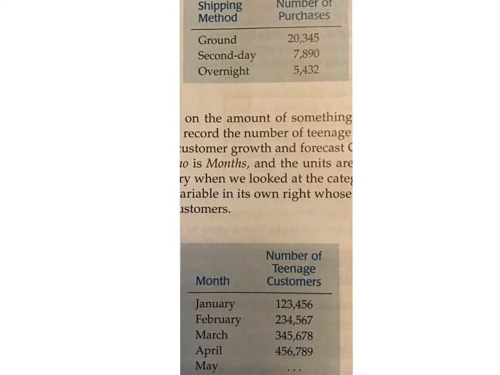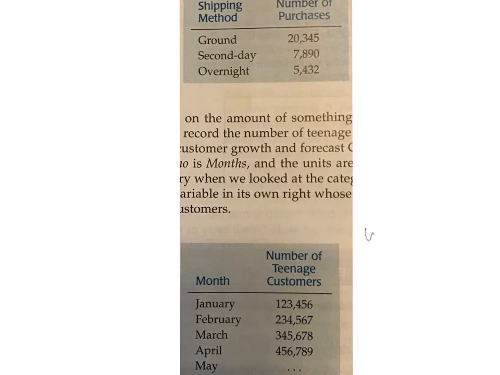Let's look at the second table. This table is actually if Amazon was recording, we know the why, the number of teenage customers visiting their sites each month to track customer growth and try to forecast sales. So now this changes our what, because they are trying to record teenagers.